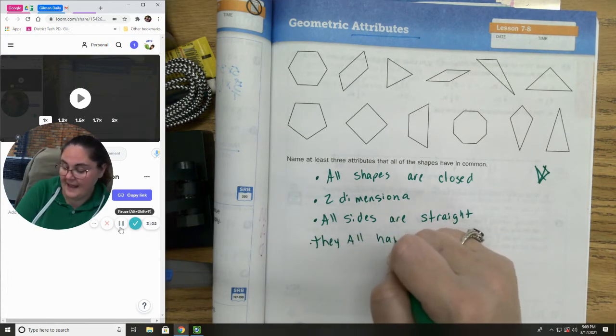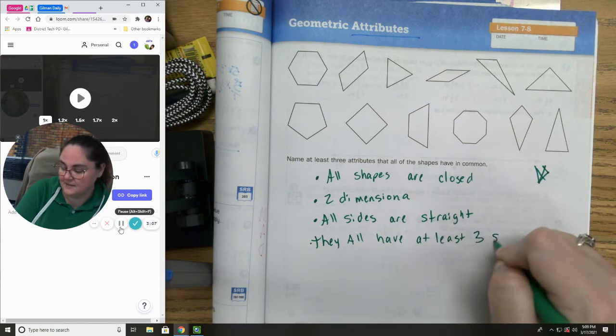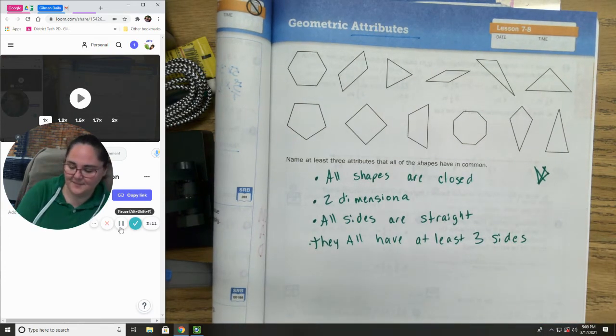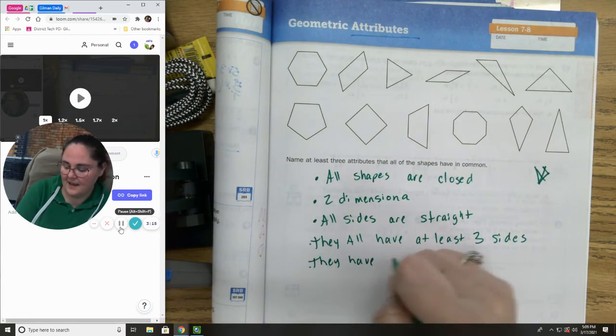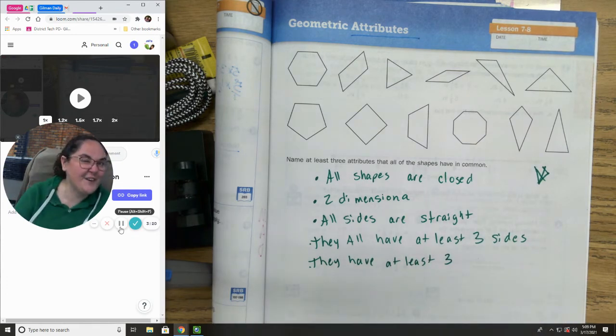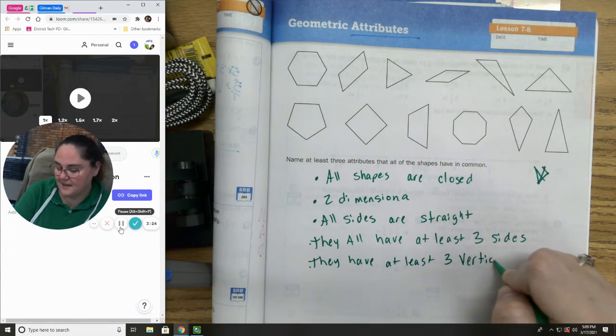They all have at least 3 sides. They have at least 3 vertices. Remember, we learned that word the other day. So that means points.